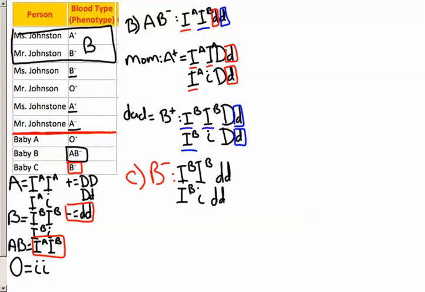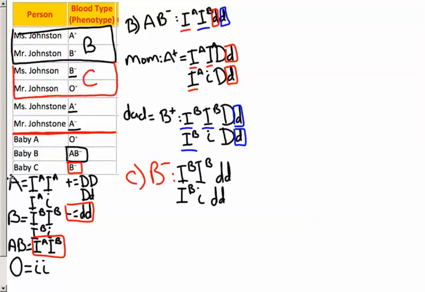And again, he has to have two little d's. So, yes, like we said, the Johnstons are already taken. They have baby B. So the Johnstones could not have baby C because neither mom or dad has the IB allele. Therefore, we know that baby C has to come from the Johnsons.